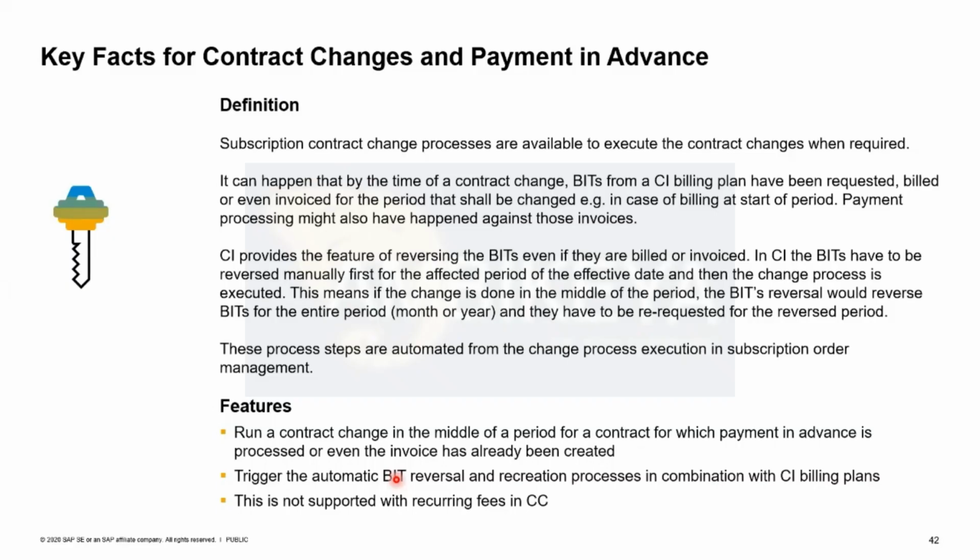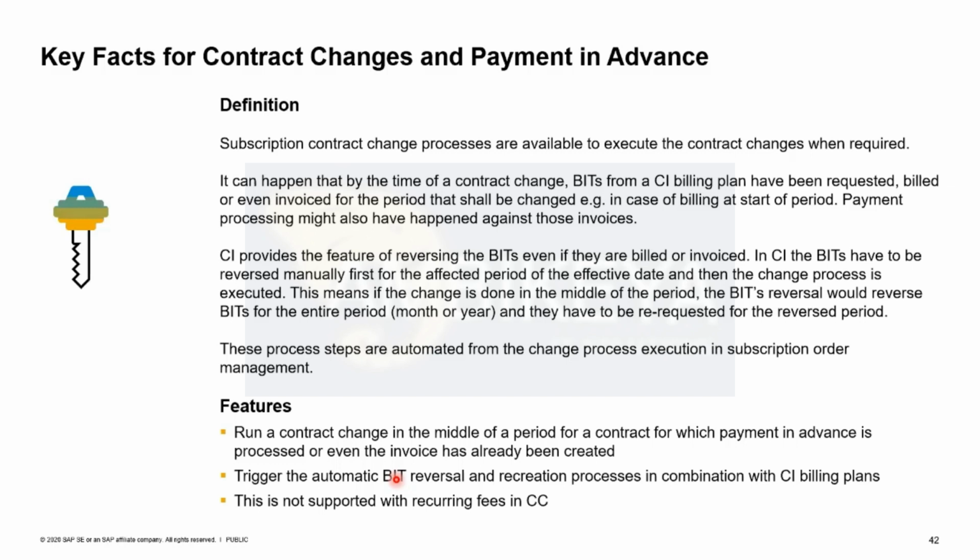So in such a scenario, when the payment is made in advance, an invoice is created and settled by the customer. But now a customer has come back to execute some change onto the contract. Think he did not like the service and he wants to cancel the contract. It was not possible earlier because there are bits which are billed and invoiced against a CI bill plan.